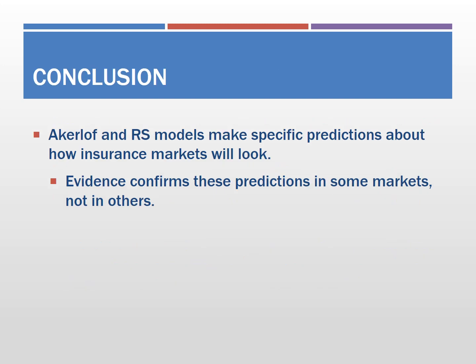The conclusions we can draw from this chapter are as follows. Number one, according to the previous two chapters, the models have some specific predictions about the insurance markets and how they will look. Because of asymmetric information, it creates adverse selection in the health insurance market, or in general, insurance markets.